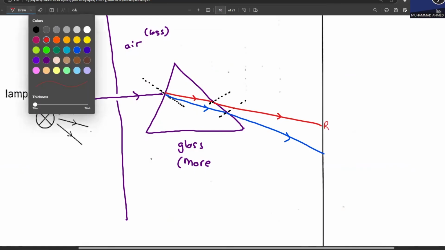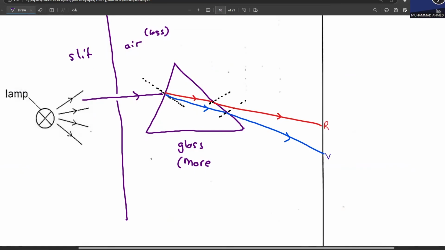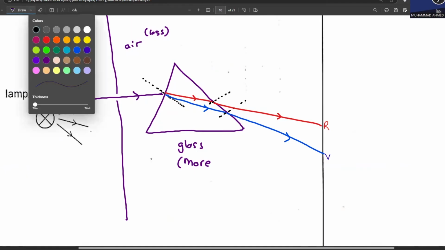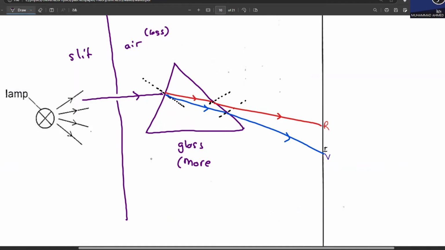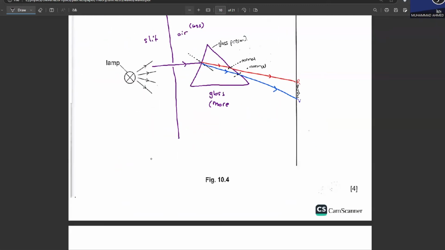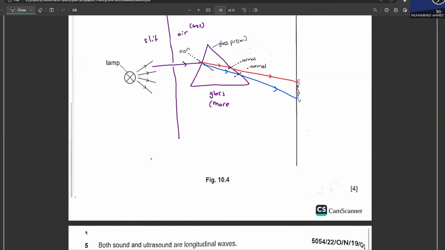Let's say this is your violet and all the colors in between. This is your normal. This is your prism, or you can say glass prism. I guess everything is labeled. This will be a normal. So this is how you will draw your diagram.